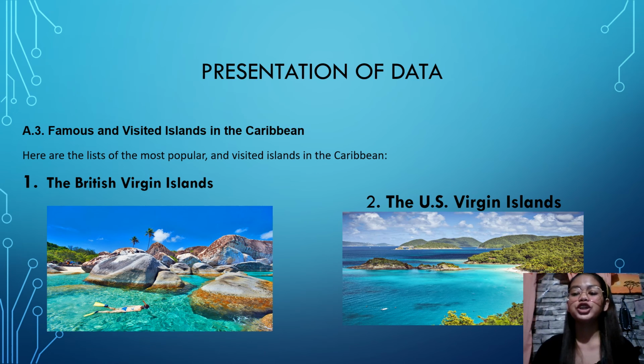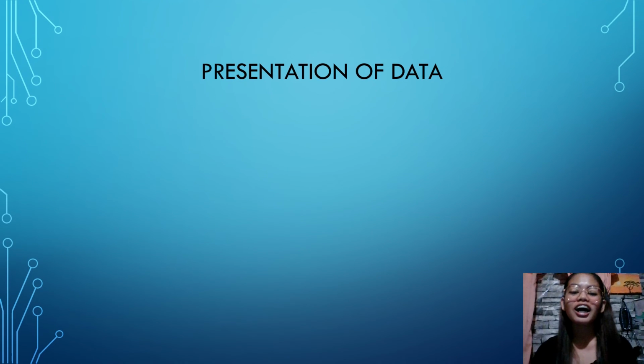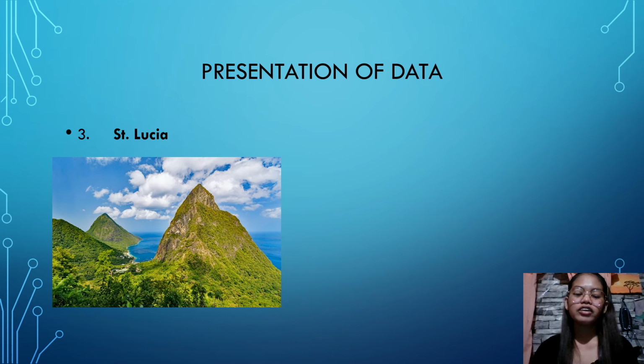Second is the US Virgin Islands, which also has beaches. Next is St. Lucia. Here in St. Lucia, there are also beaches, but you can also go hiking there, as well as ziplining through the air.